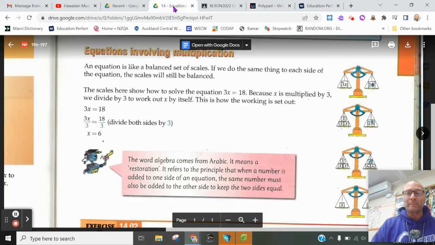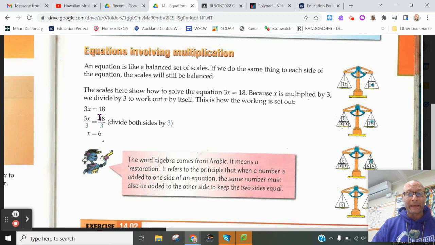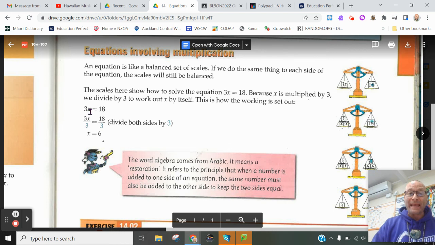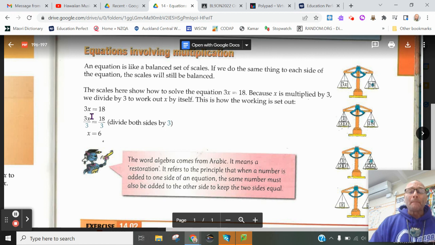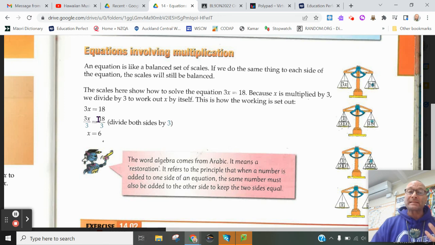Now, another way to think about it is this. We know that 3x means 3 times x. What we're going to be doing is undoing or unwinding the part around the x to get it by itself. Since 3x means 3 times x, the opposite of multiplying is dividing.